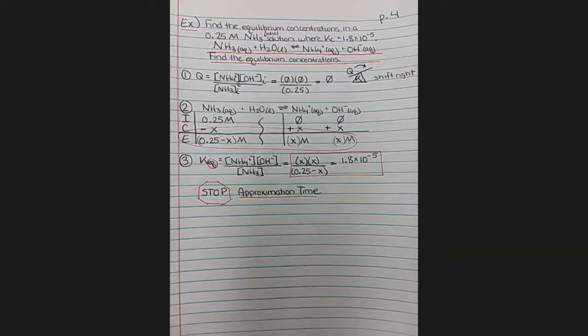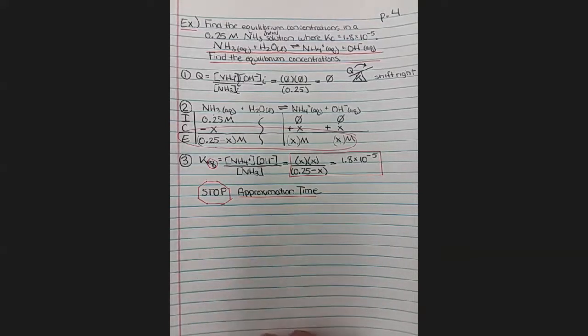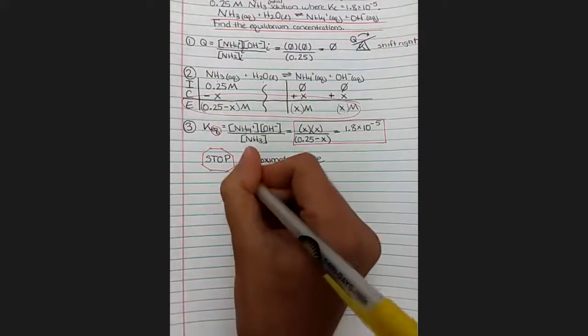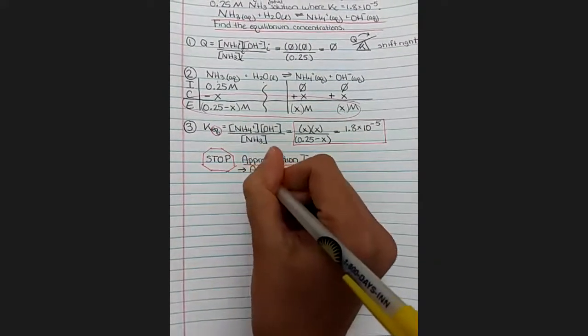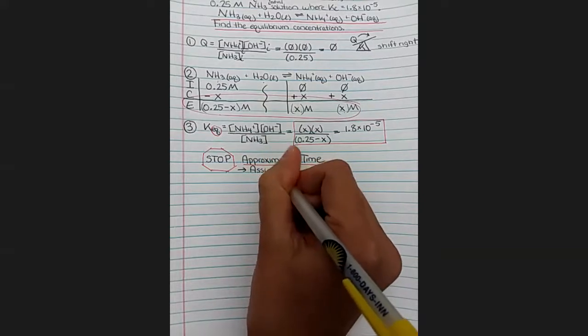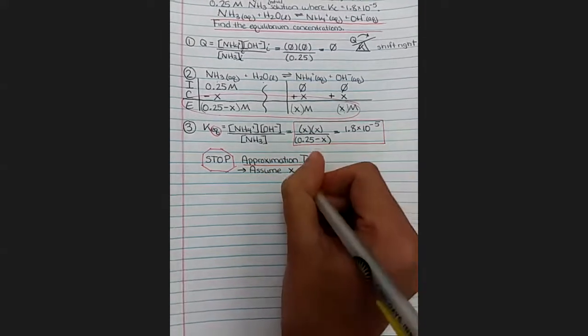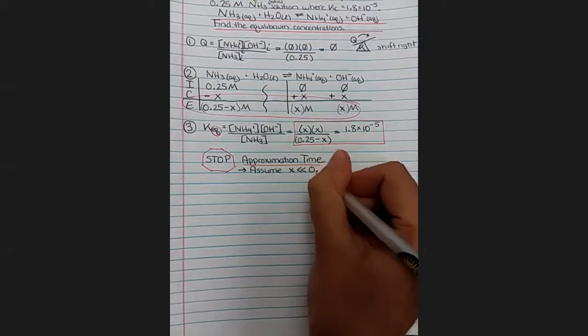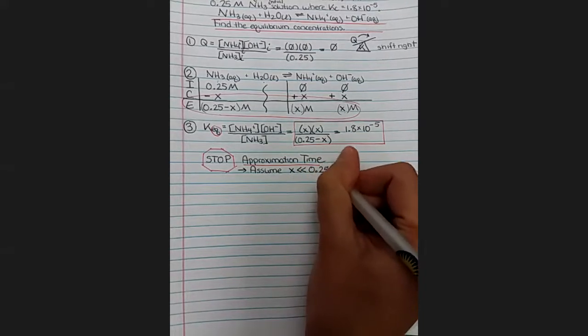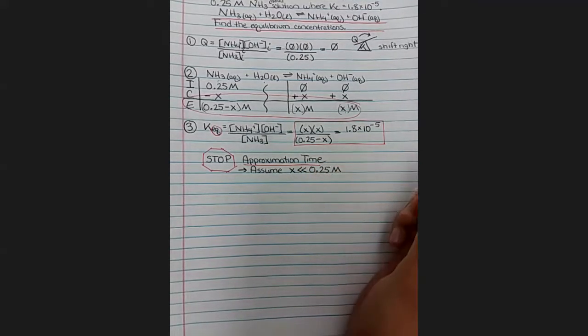All right, so here's how this approximation is going to work. We are going to assume that our unknown X, the amount of change, is much, much smaller than that initial 0.25 molarity of the NH3.